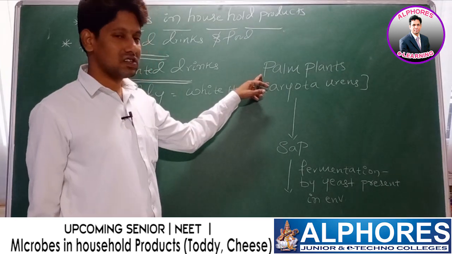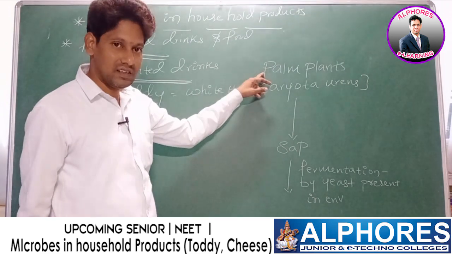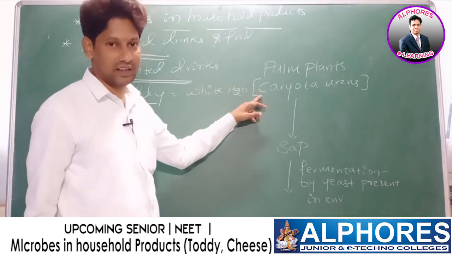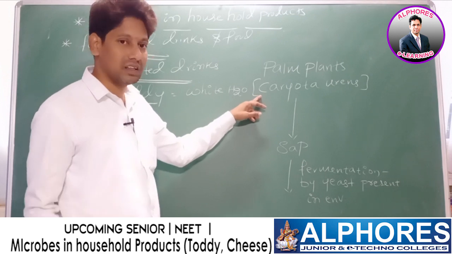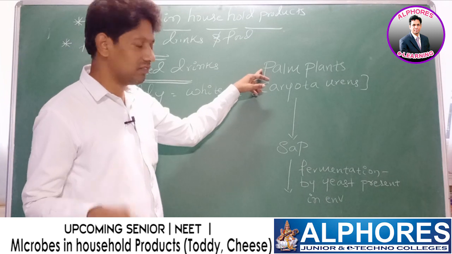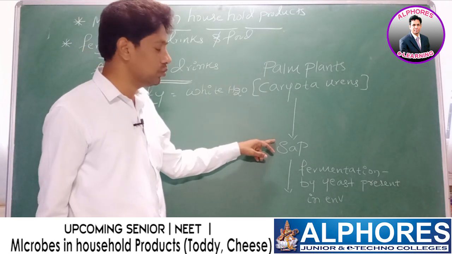Therefore, first take a palm plant. Best example for palm plant is Caryota urens. We are cutting the leaf of this palm plant. When you cut the leaf, the sap oozes out.